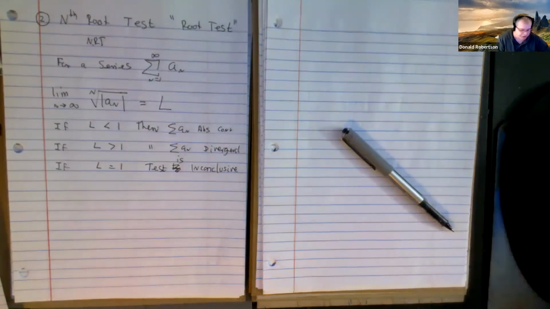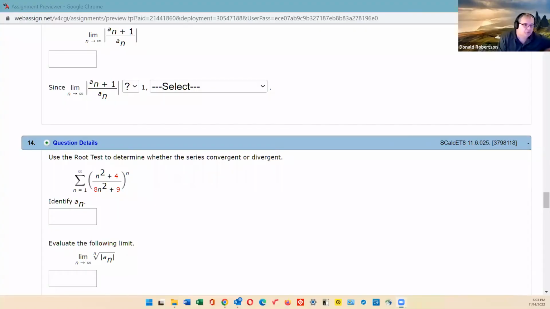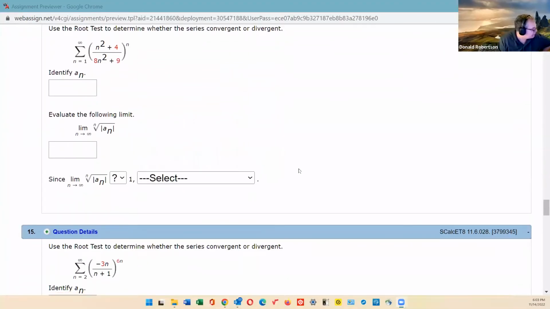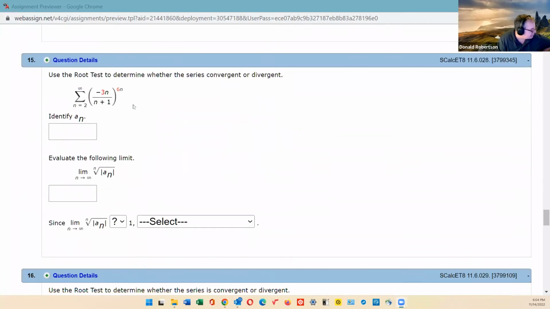Now, let me show you the series that are designed for the nth root test. What makes them nth root tests rather than any one of the other 10 that we know about? If you see a series with an ugly fraction raised to the power of n, it's the nth root test.